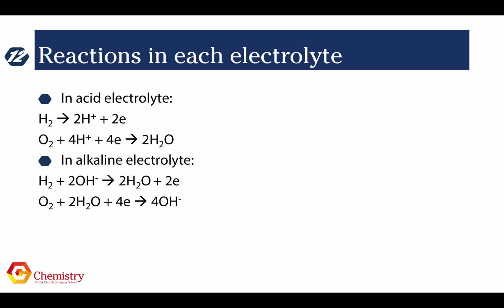And then we've got O2 with 4H+. Now these have an E0 value of plus 1.23 volts. Okay, so that's in acid electrolyte. In alkaline electrolyte, then the reactions are as shown, and you should probably take some time to find those also on the standard reduction potential table.